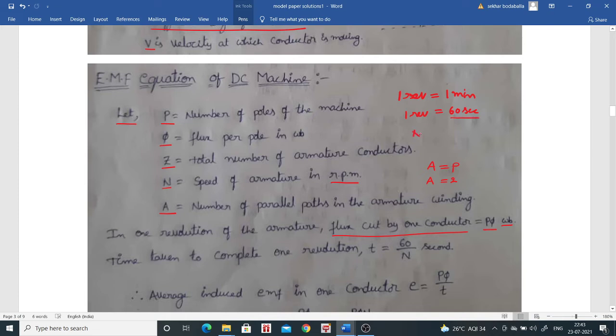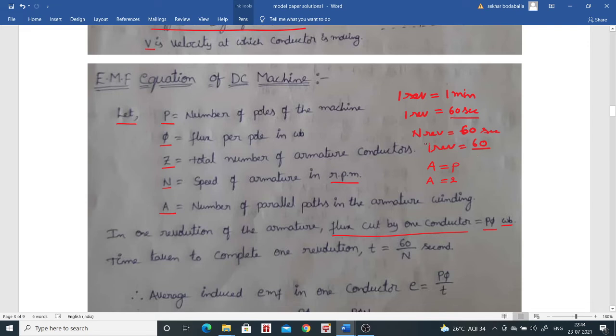If it is making n revolutions, what is the time taken by the machine? Then T will be equal to 60 divided by n. See, n revolutions is done in 60 seconds. If I want one revolution, the time taken will be 60 by n.